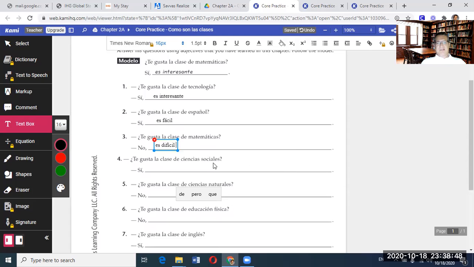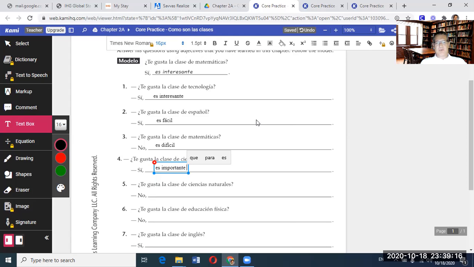¿Te gusta la clase de ciencias sociales? You like social science class? Sí. Es. We can say, besides interesting, divertida, fun. We're going to say importante.